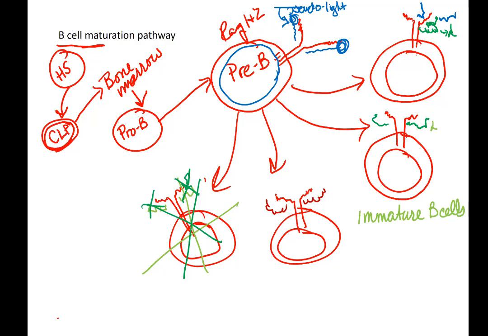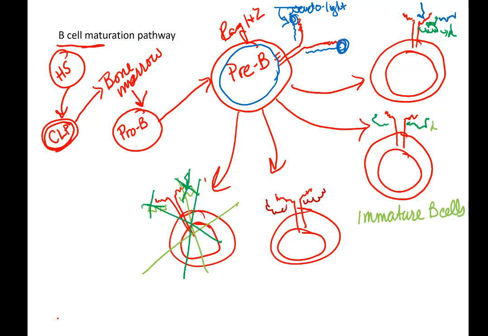We went kappa, kappa, lambda. It would have one more attempt to make a successful receptor. So that was good at least. If it goes through all four and it still doesn't send a signal, then that's when it goes. Again, because we know from the pre-B cell test that the heavy chain is functional, it's the light chain that's at fault. Not me, it's all you. Okay? Are we good? Does that make sense?